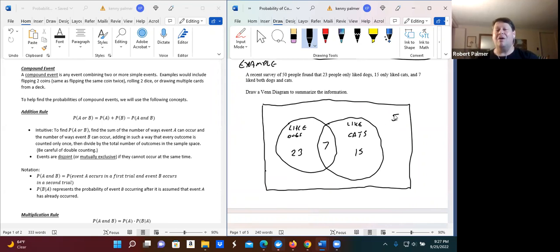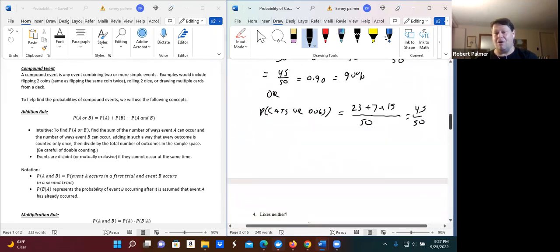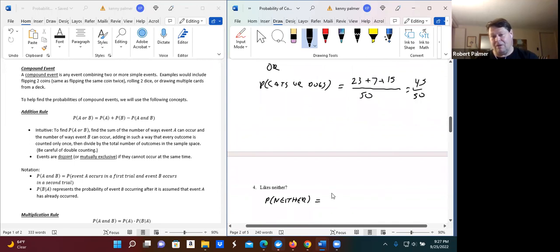So those 5 are the ones who don't fit into either circle, the ones who like neither cats nor dogs. And so those 5 are the neither. Okay, 5 out of 50, which of course is 0.10, which is 10%.